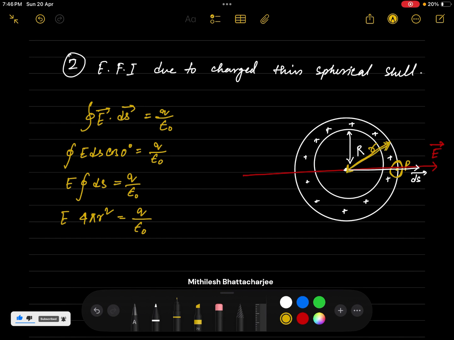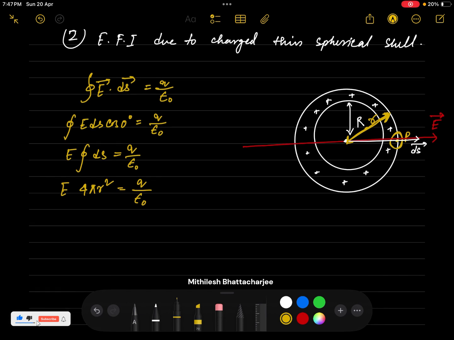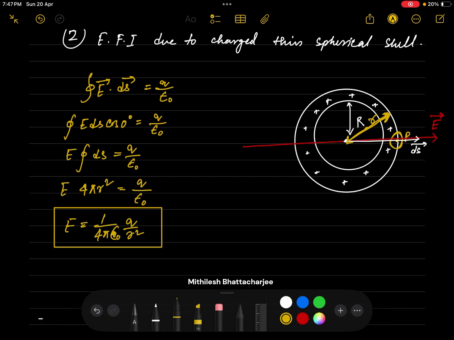Fine. So E is 1 by 4 pi epsilon naught Q by r square. So this is the electric field intensity at an external point.